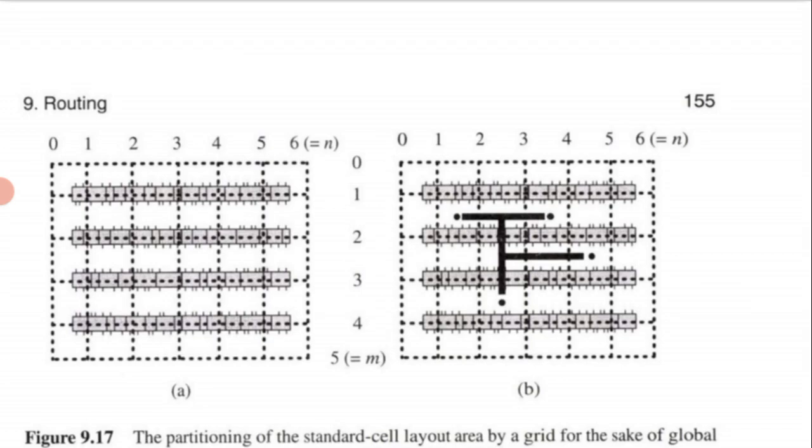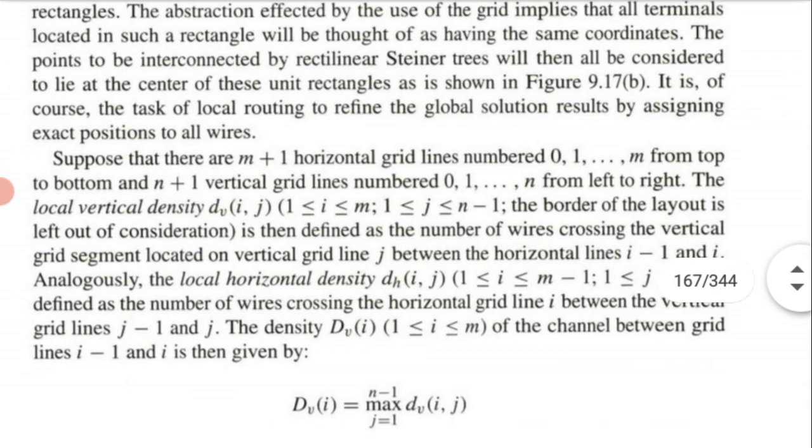Here two terms are there: local vertical density as well as local horizontal density. The local vertical density is defined as the number of wires crossing the vertical grid segments located on a vertical grid line. The local horizontal density is defined as the number of wires crossing the horizontal grid line i between the vertical grid lines j minus 1 and j.